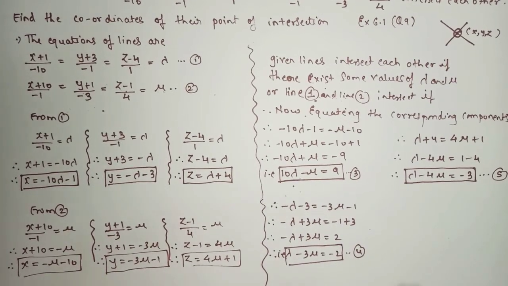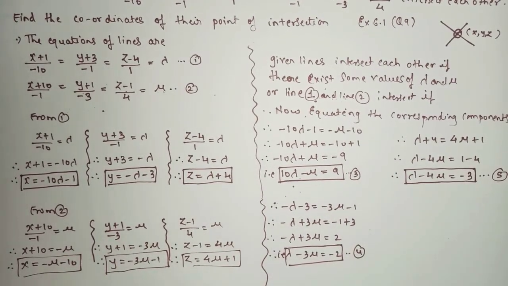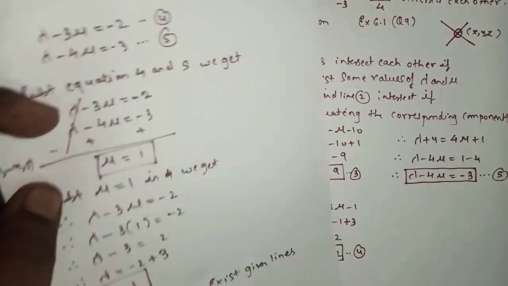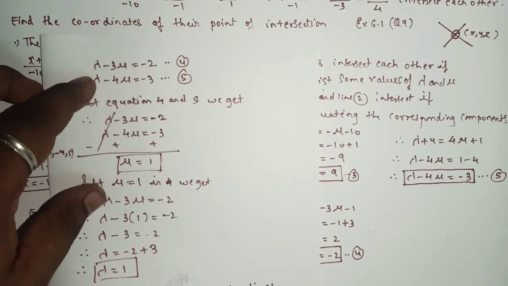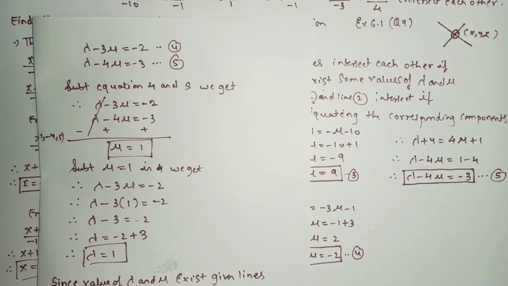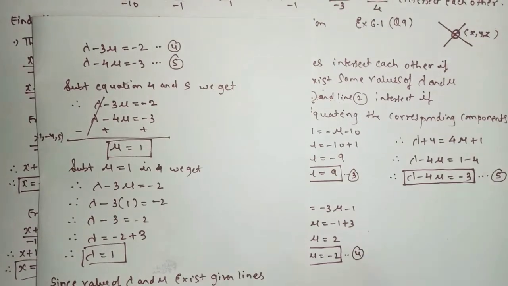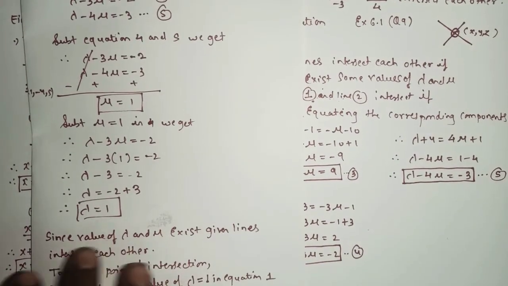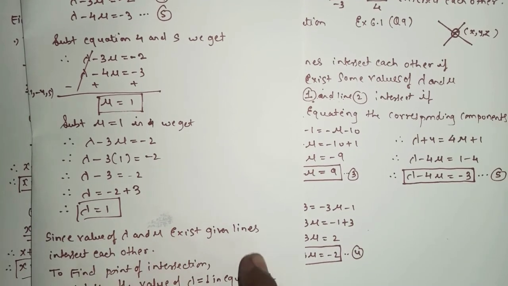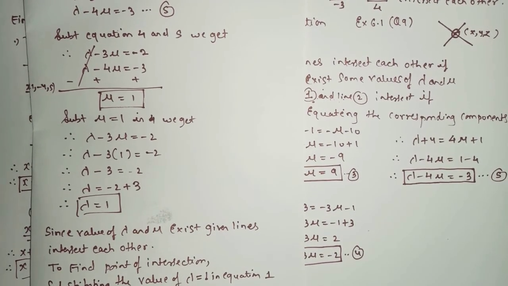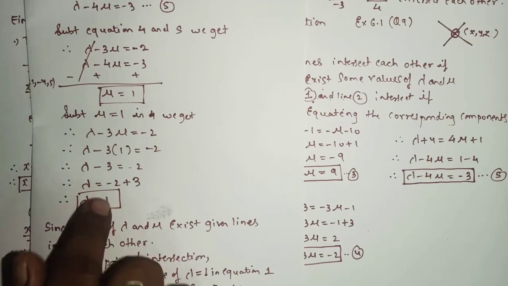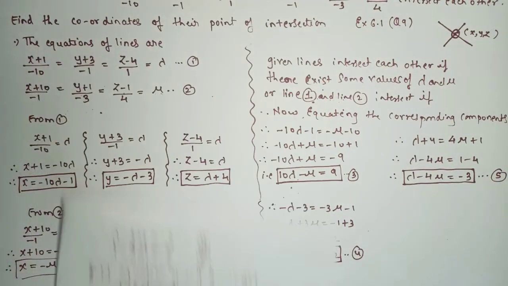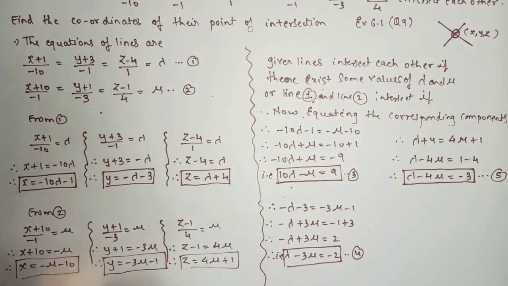As I thought the fourth and fifth were easier to solve compared to the third, so I took the fourth and fifth equations. After solving the fourth and fifth simultaneously, we got the values of mu and lambda. Since the values of lambda and mu exist, simply what you have to do is substitute the values of lambda and mu in equation number 1 and equation number 2.